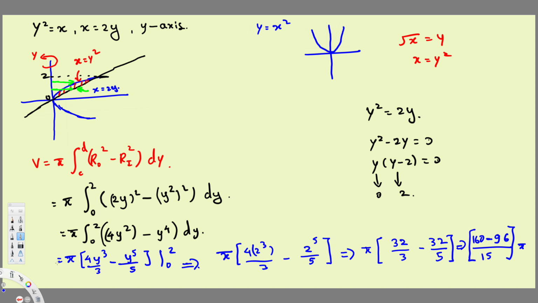Let's simplify this. 160 minus 96: 96 plus 4 is 100, so the difference is 64. So this is going to be 64 pi divided by 15, and that's going to be the final answer.